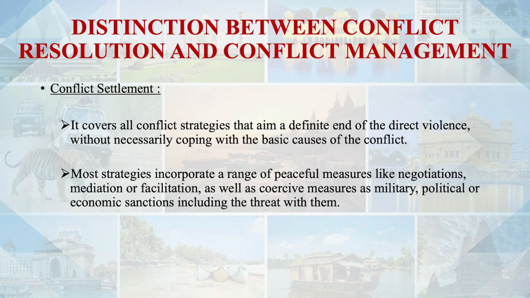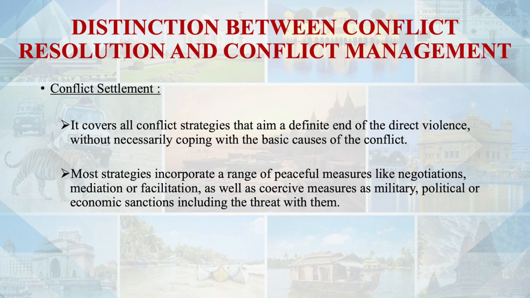Most strategies incorporated in conflict settlement are peaceful measures like negotiation, mediation, or facilitation, but sometimes you have to go for the opposite of peaceful measures. You can go for coercive measures, such as military intervention, political intervention, or economic sanctions against a country, a society or a region. These are all strategies of conflict settlement.